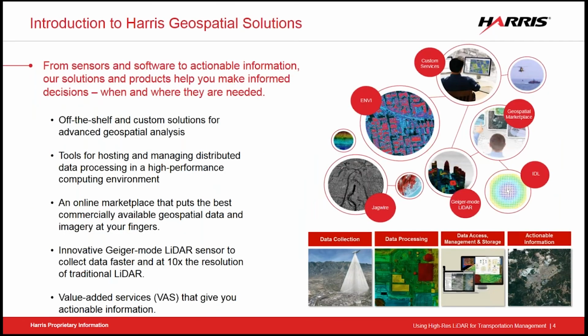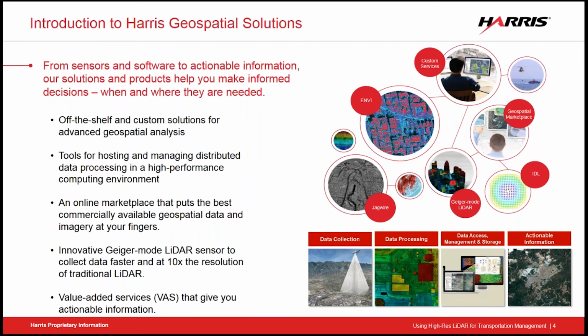Within the Geospatial group, there is a variety of different capabilities, from data collection, and that's all types of data, Geiger-mode being just one of many. Data processing. We do a lot of data management and storage, hosting and provisioning of geospatial data, and analytics, including online analytics as well.